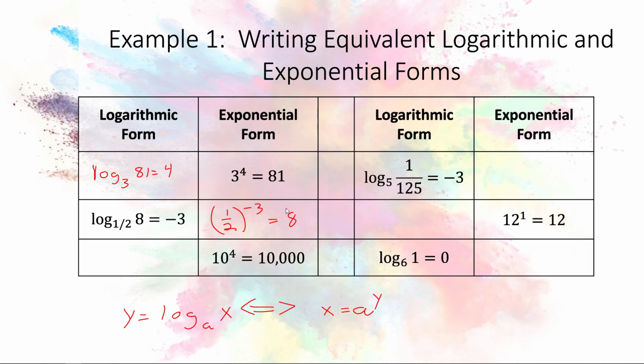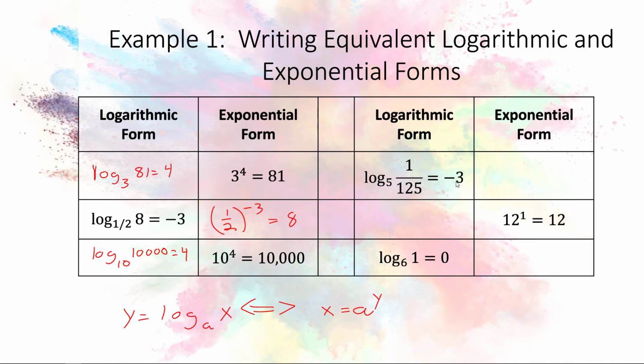So that is the equivalent equation. Similarly over here, our base is 10. So this is going to be log base 10, also known as the common log. Okay, the argument is going to be 10,000, and then 4 is the number that 10 must be raised to in order to achieve 10,000. So that would be 4.